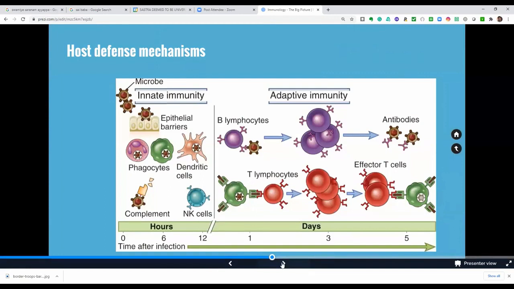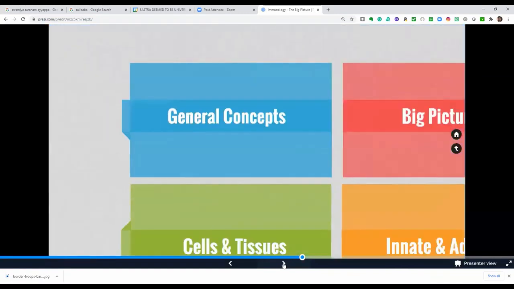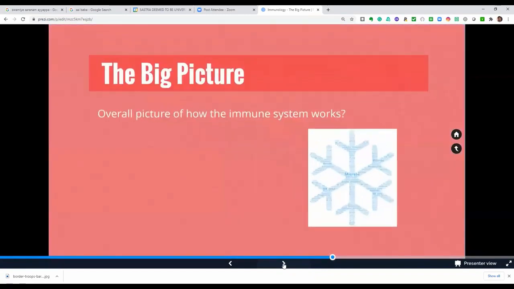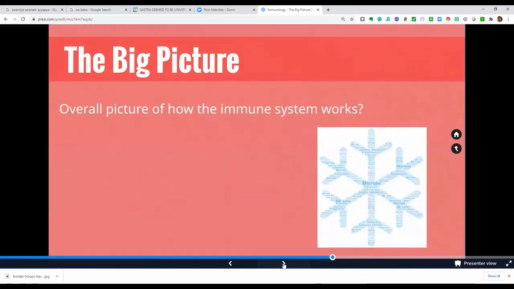If we say immune system, what actually is happening? That is what I am going to explain to you with the help of this big picture.